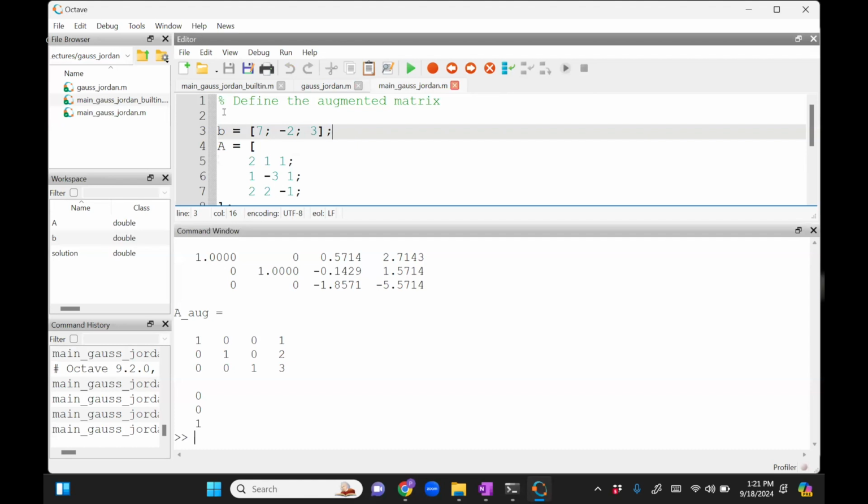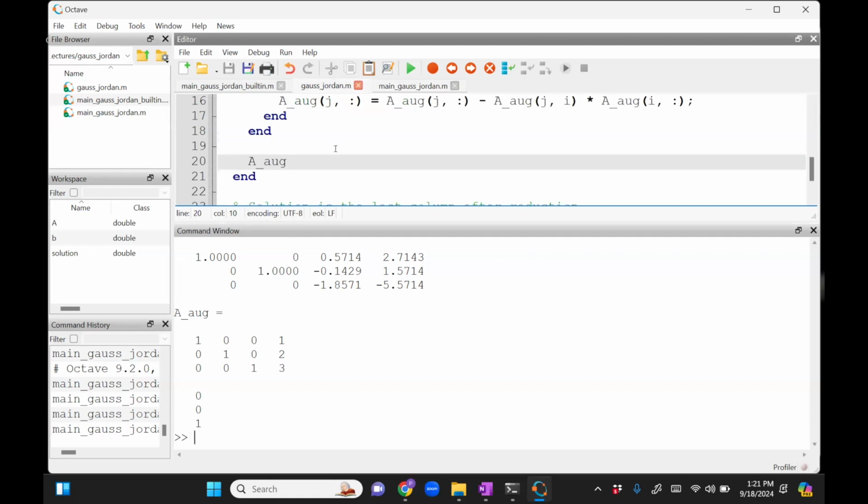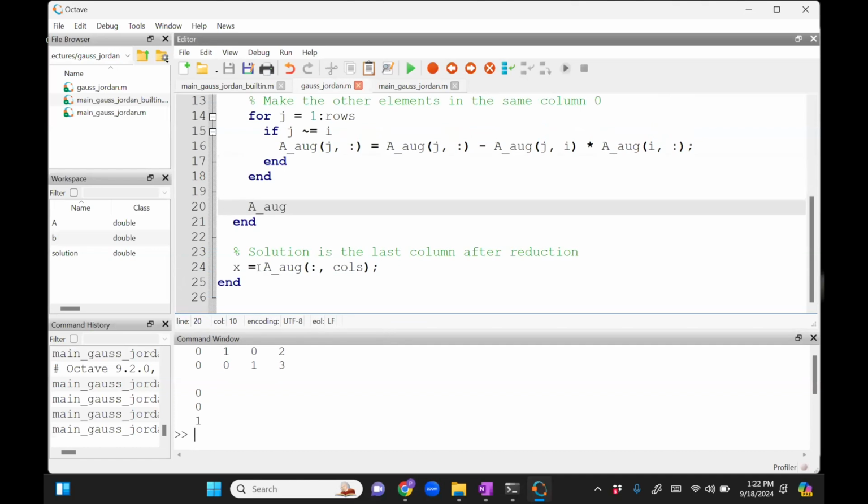It's clipping the output. Oh, there it is. So if you look at the solution A augmented, this is the result produced at the end. It's exactly what it is. But the problem seems to be not this, it's what is sent out. So this needs to be fixed.